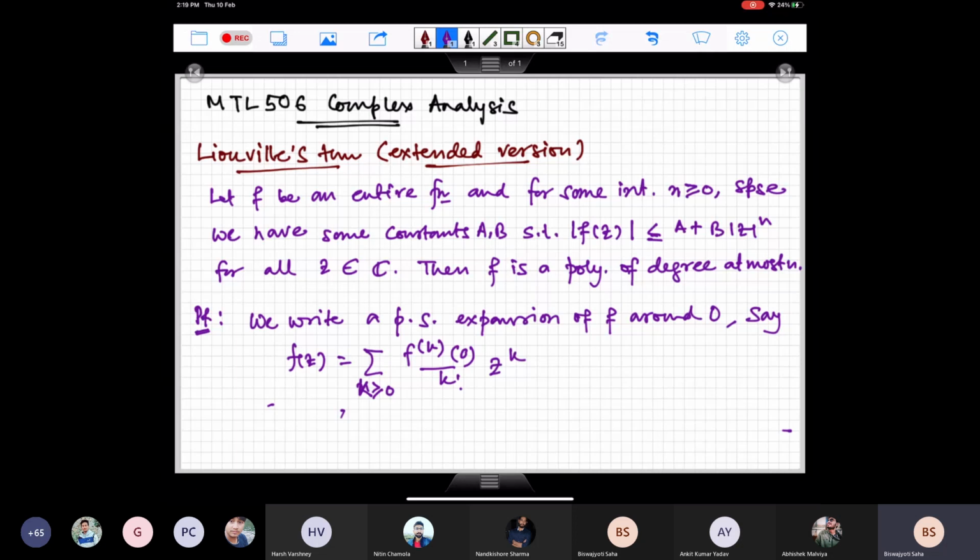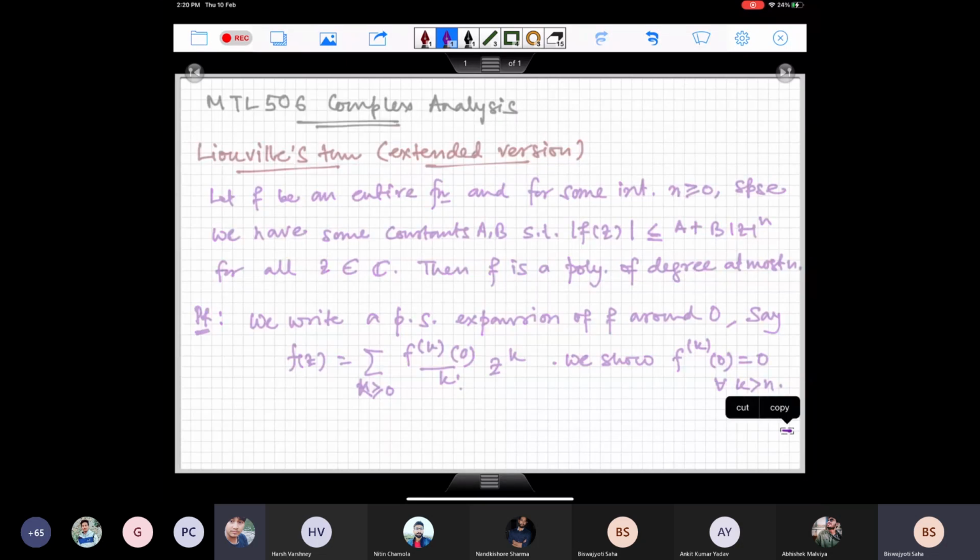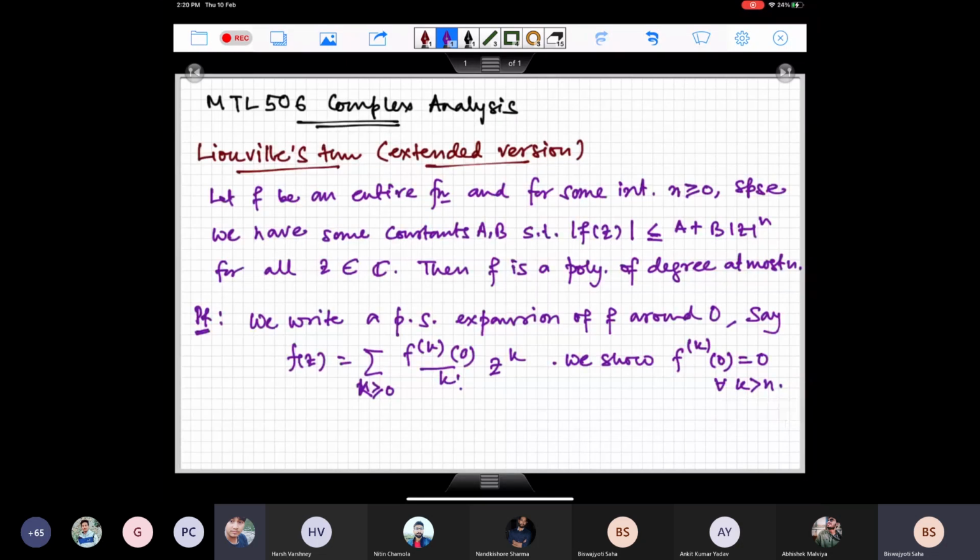So this is the power series expansion that we have around 0, and this power series expansion is valid throughout the complex plane. Okay, so now we show f^(k)(0) is equal to 0 for all k bigger than n. So if I can show this, then will you agree that we are done?